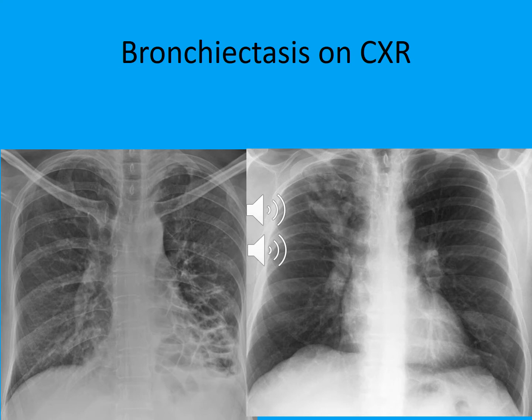The second X-ray shows tubular branching opacities in the right upper lobe that have appearances of fingers in a glove. This represents mucus impaction in dilated bronchi and is typical for patients with allergic bronchopulmonary aspergillosis.